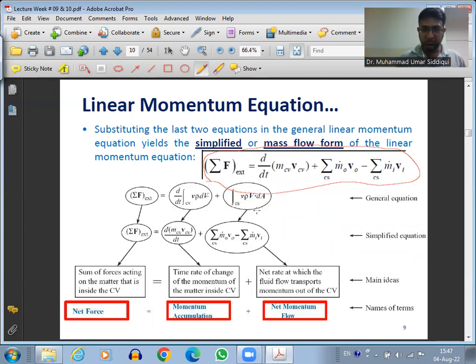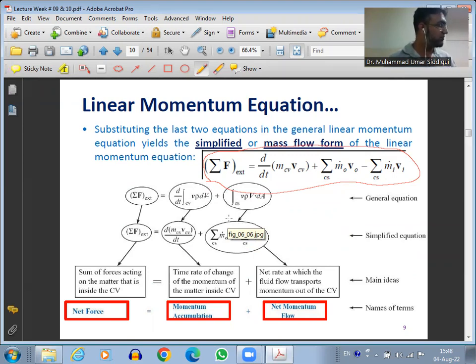So this is the main equation, the linear momentum equation, which we have developed by using the Reynolds transport theorem. Once again, to remind you, we developed the Reynolds transport theorem in the last class, and I told you that once developed, we are going to use it in the next 5 classes. We used it in the continuity equation in the last class.